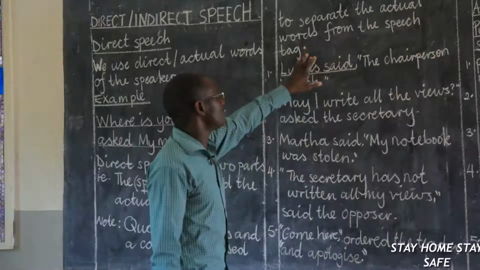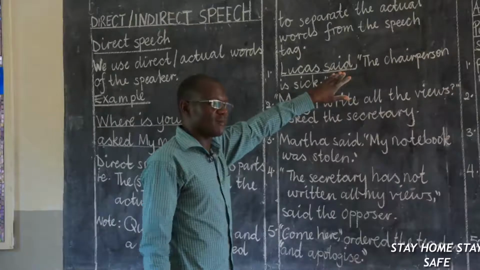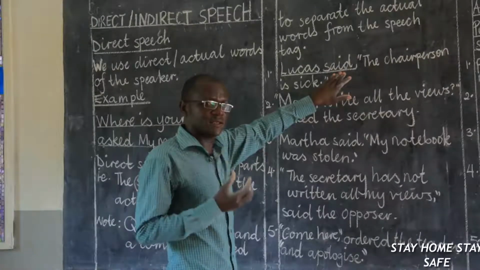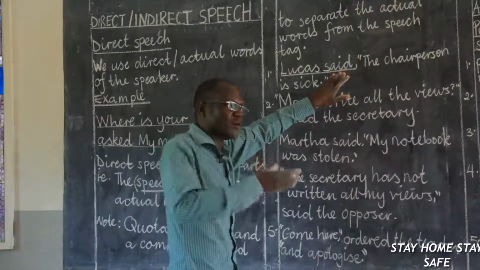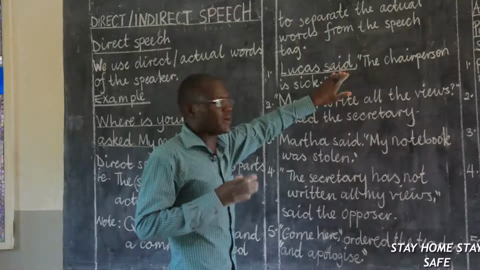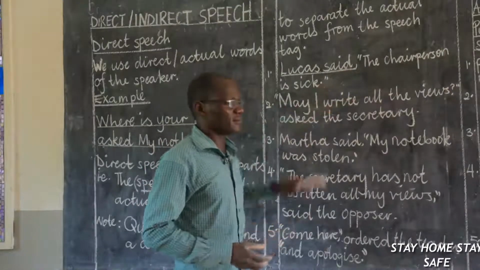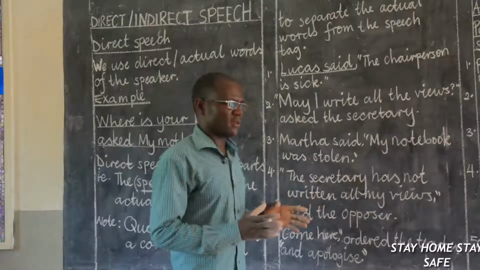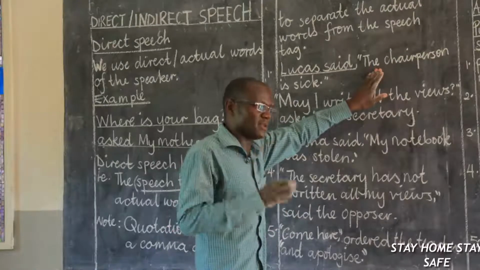Take an example. Lucas said. These are my words now. I am going to bring out what exactly Lucas said. What did he say? The chairperson is sick. The direct way, the way he said the words is the way I have said them.